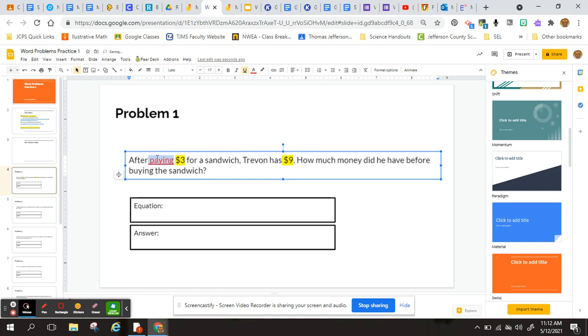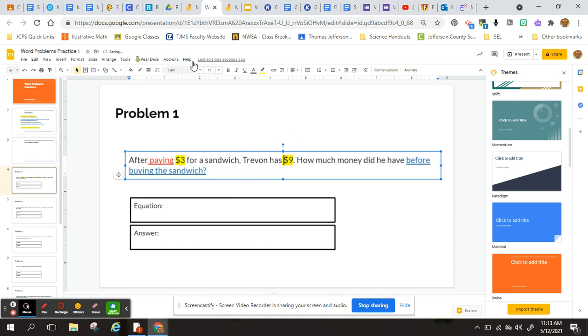There you go. So after paying $3 for a sandwich, that means if I pay, I lost the money. So it's probably going to be a subtraction type problem, or it could be an addition problem. Trayvon has $9. How much money did he have before? Oh, wait a minute. We want to know what he had before buying the sandwich. That's what it says. Before buying the sandwich.